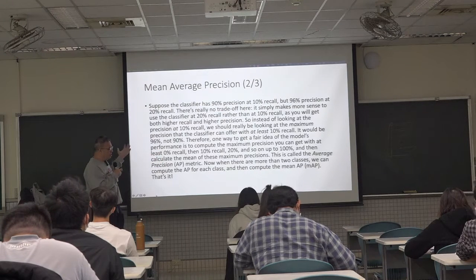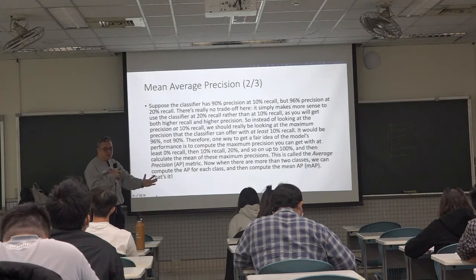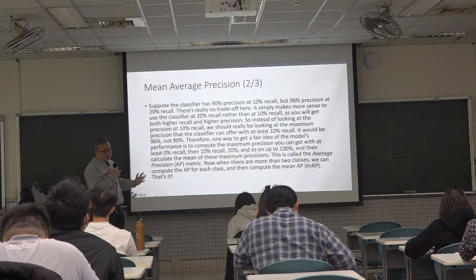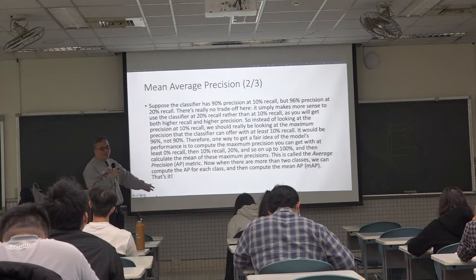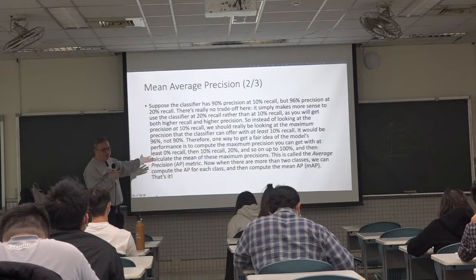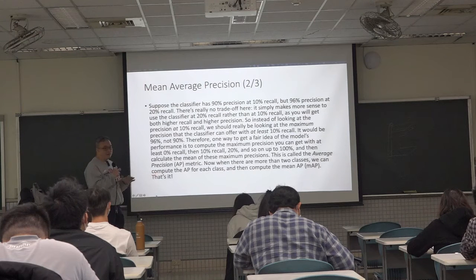You get 11 maximum precisions, average them to get the average precision for that class, and then average across classes to get the mean average precision.